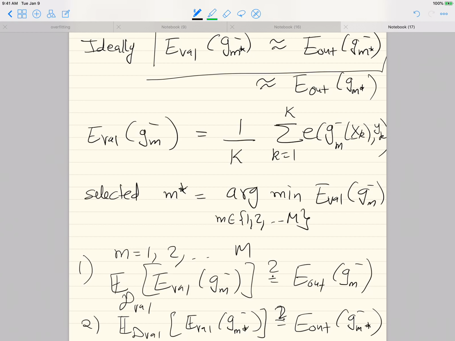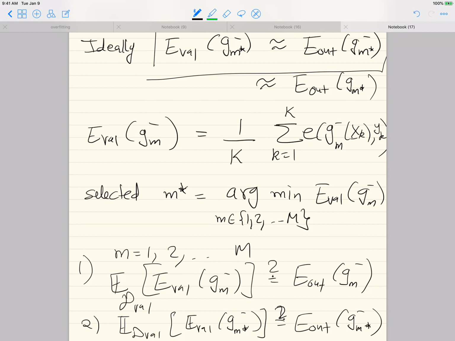Any ideas? So what I'm doing is I have the training set, Dtrain, of n minus k points. I'm using them to compute g1 minus, g2 minus up to gM minus, right? Now I'm going to compute the validation error for each of them separately using the Dval.